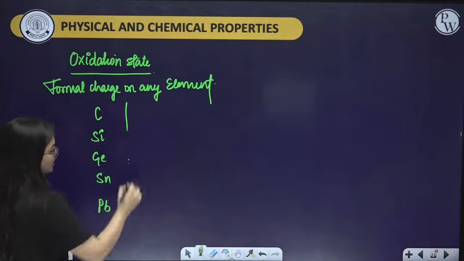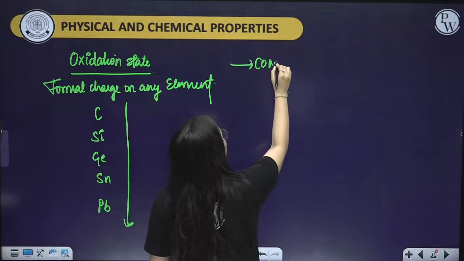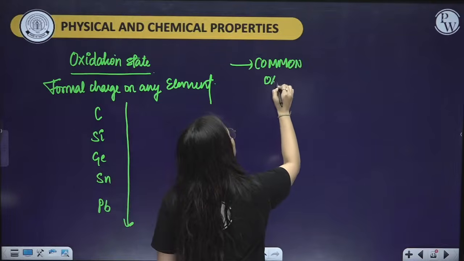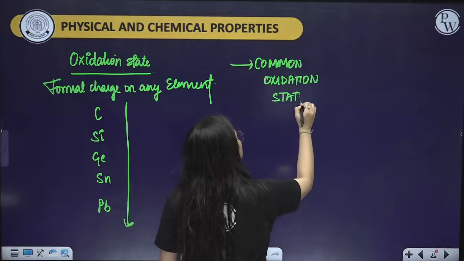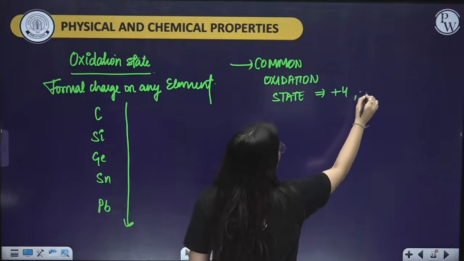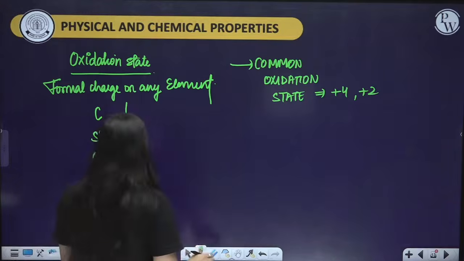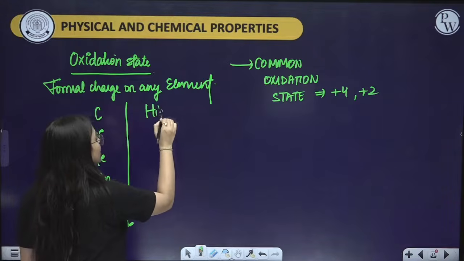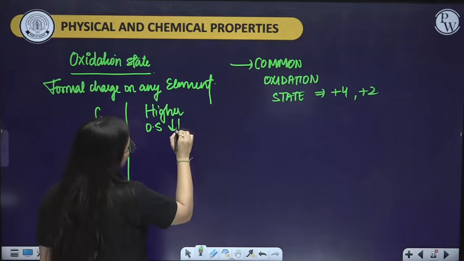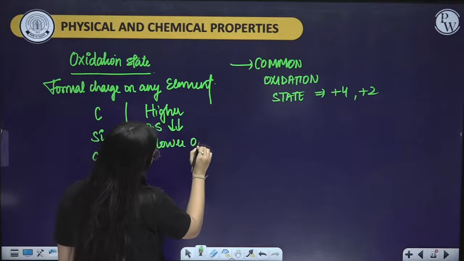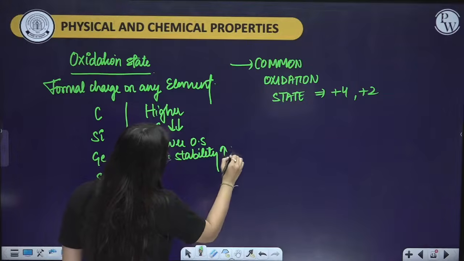The common oxidation states for the carbon family are +4 and +2. Now let me tell you, the stability of the higher oxidation state is going to decrease down the group, and the stability of the lower oxidation state will increase down the group.